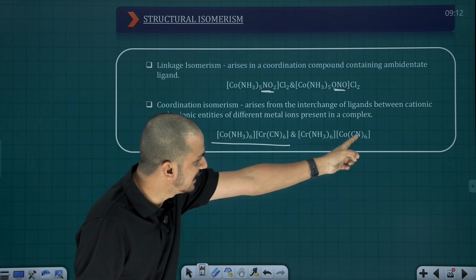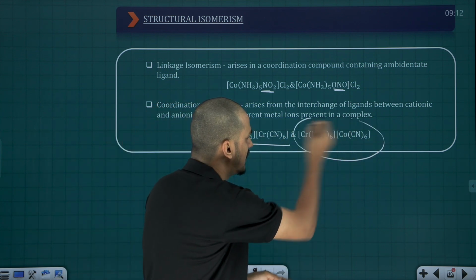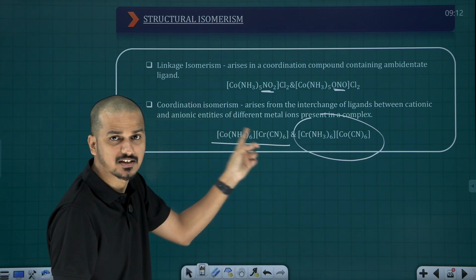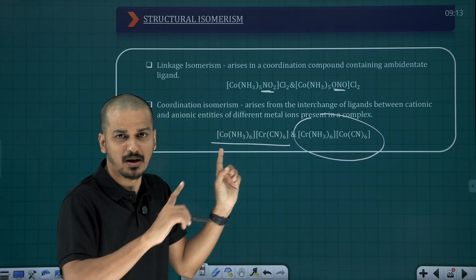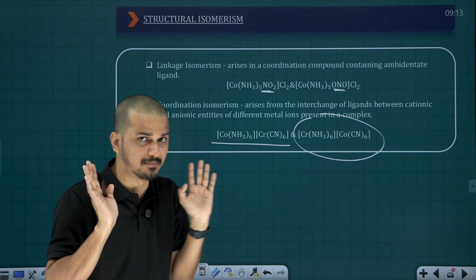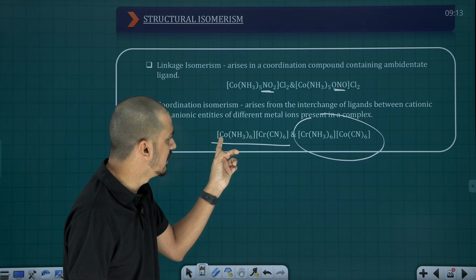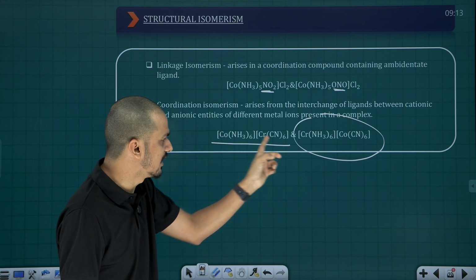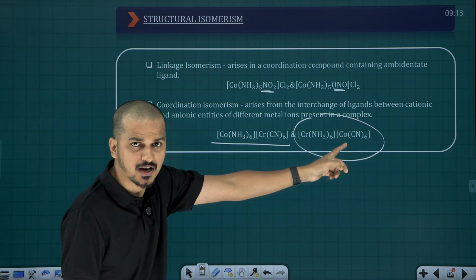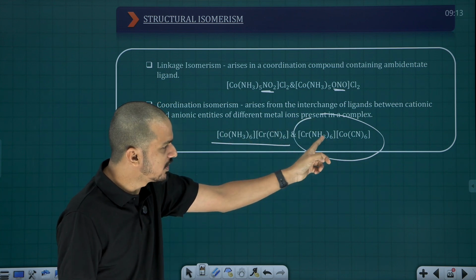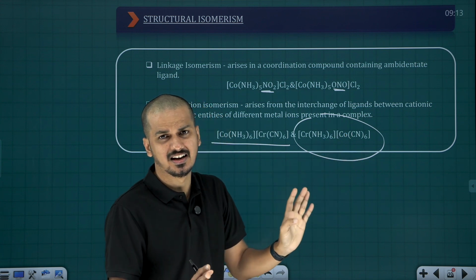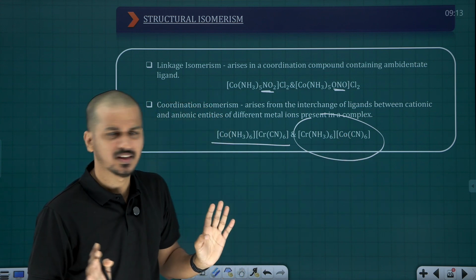In the second molecule, ammonia is connecting with chromium. So the central metal atoms are interchanging. You have to remember that when interchanging the central metal atom, their coordination number should be the same. Then only it is possible. So cobalt along with 6 ammonia here, chromium along with 6 cyanide. But in the isomer it is just opposite: ammonia is now with chromium and cyanide is with cobalt. Idea clear? You can easily identify.